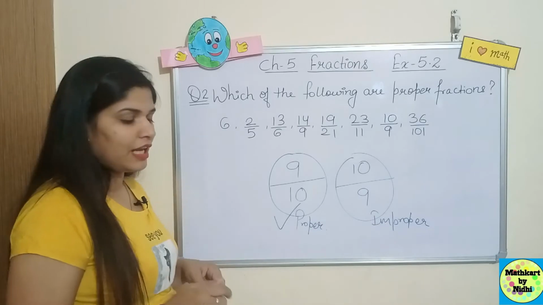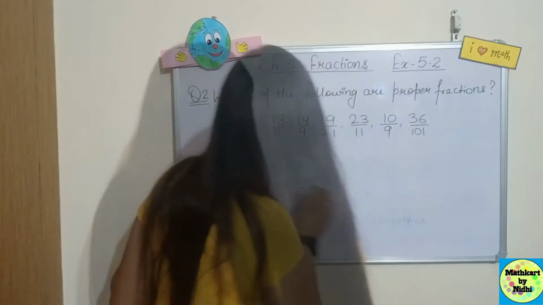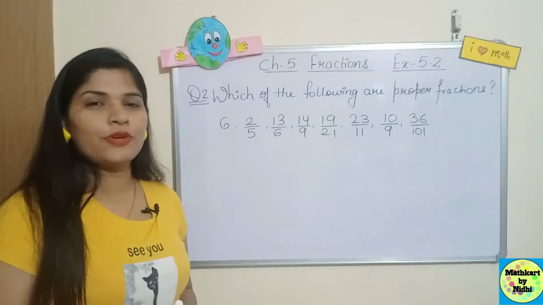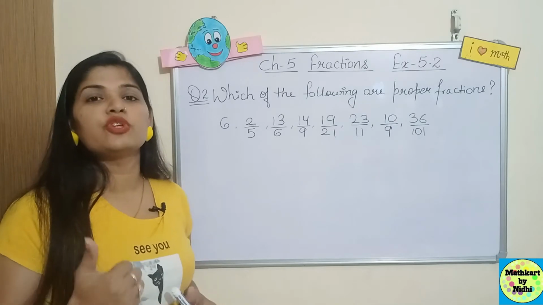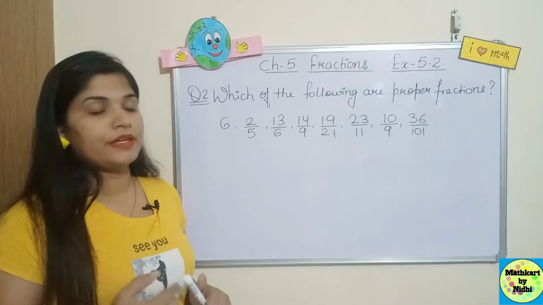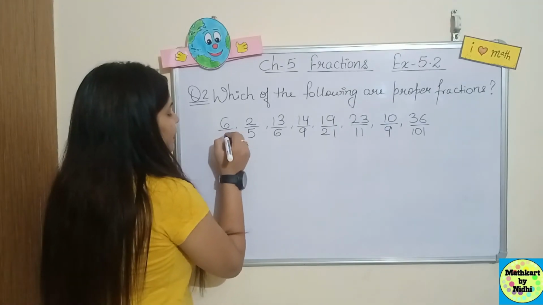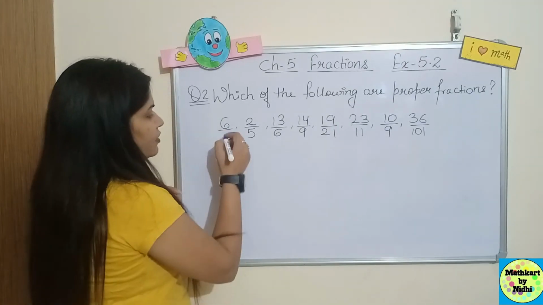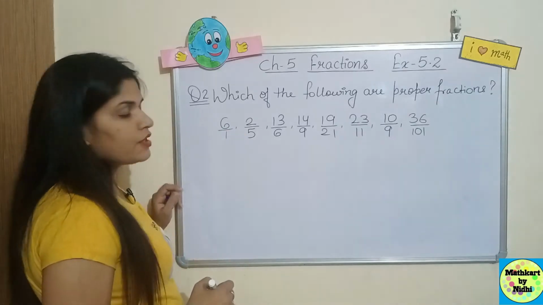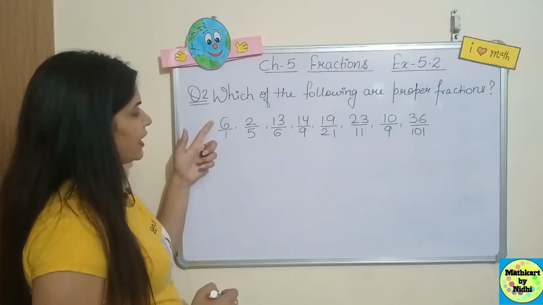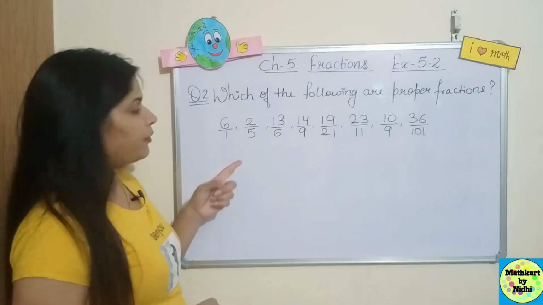Let us see the question now. As I told you, proper means whose numerator is smaller than the denominator. So here 6. Students, we know very well that when we do not have any denominator, we place a 1. So 1 is here in the denominator and the numerator is bigger, so it is not a proper one.